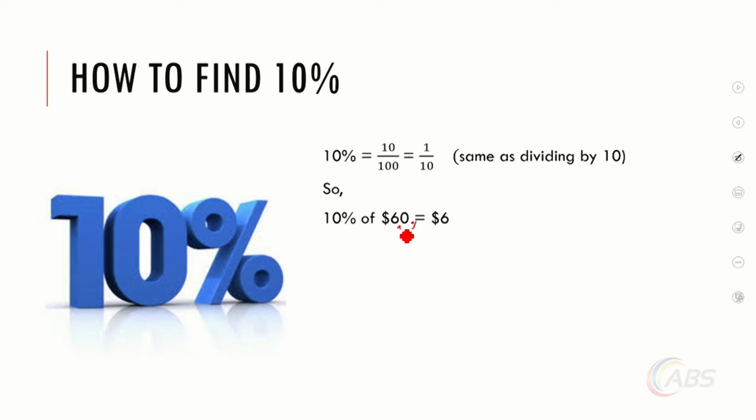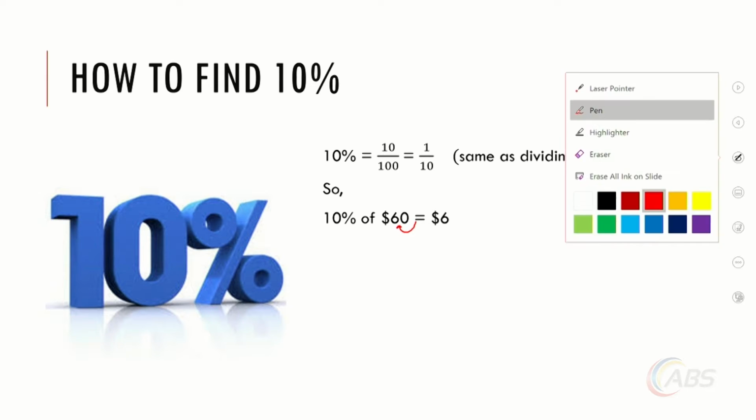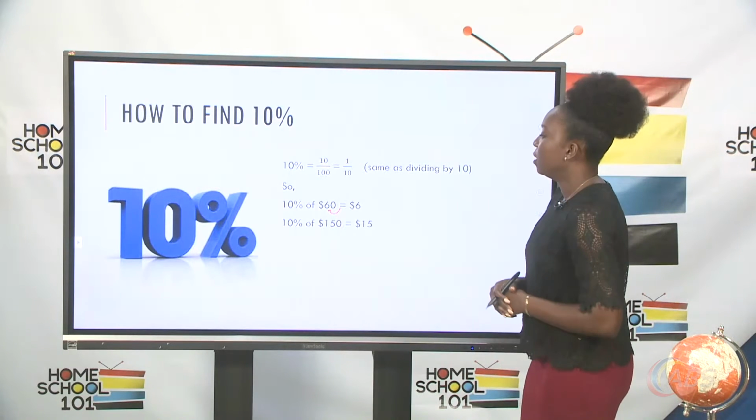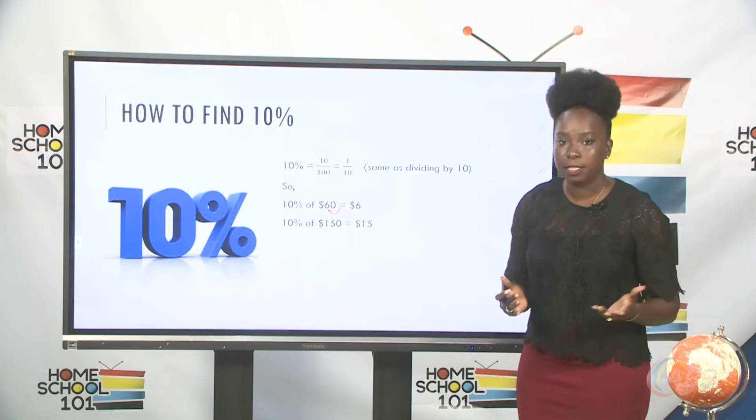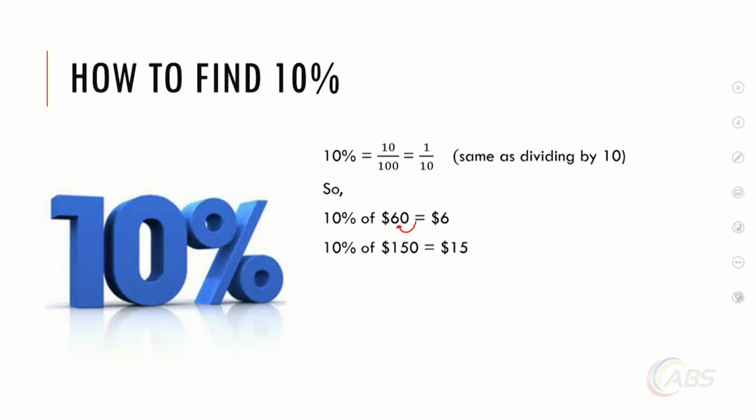And so if we move our point 1 place there, we get $6. Okay? 10% of $150 following the same pattern is $15. So we'll just move our point 1 place, and you have $15. 10% of 225 is $22.50.